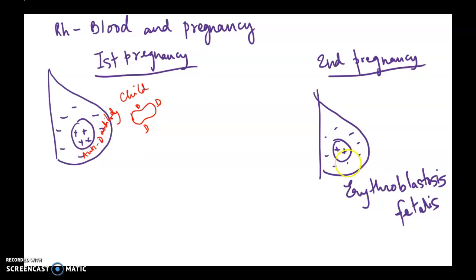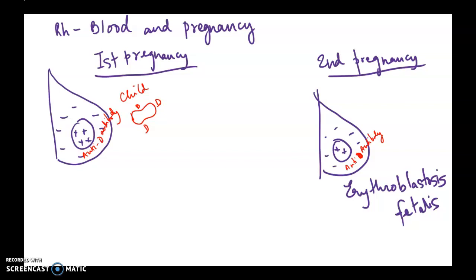Now think about it. The female has anti-D antibody in her plasma, right? These antibodies can cross the placenta, get into the fetal blood, and the anti-D antibody will react with the D antigen on the surface of the RBC of the fetal blood, and there will be clumping, and that will result in breaking down of the red blood cells of the fetus.